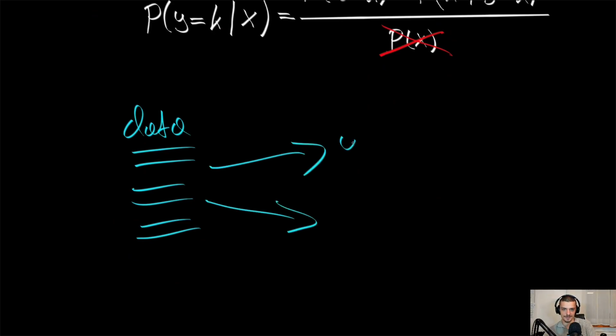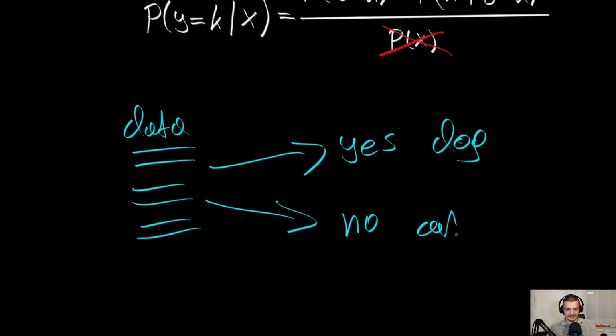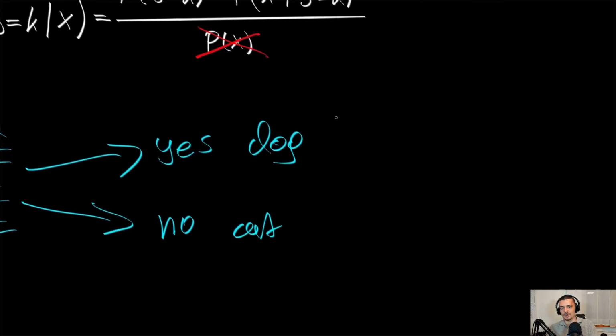For example, is my data yes or no? This could be something like, will the person pass the exam? Yes or no? Or is this data pointing to a dog or a cat? Maybe in the case of an image. Or in our case, what we're going to do is we're going to use a breast cancer data set. So we're going to classify tumors to be malignant or benign.